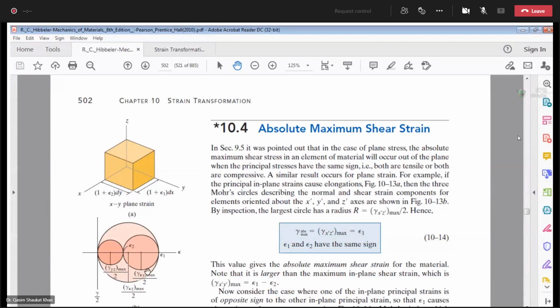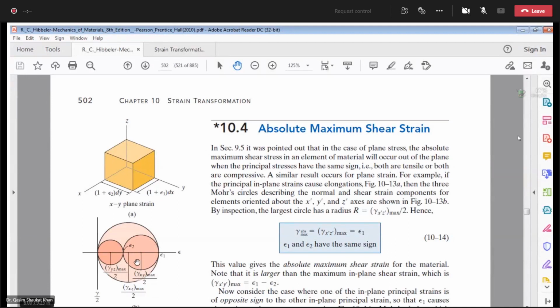Then for the third scenario, the xy plane, in which you have epsilon 1 and epsilon 2, you will connect epsilon 1 with epsilon 2 and you will get this Mohr circle. And maximum in-plane shear strain in this case will be gamma xy by 2.